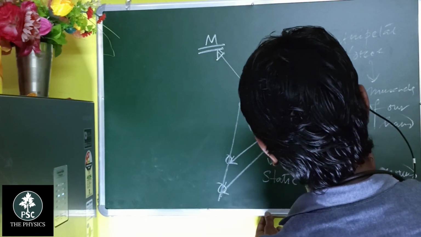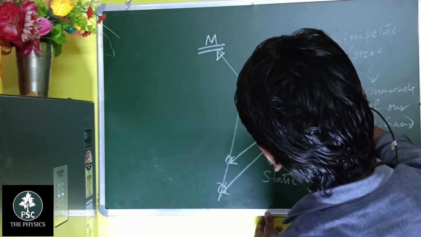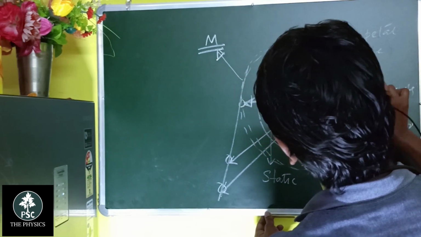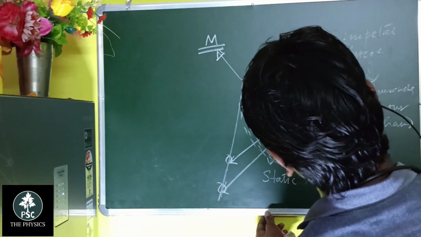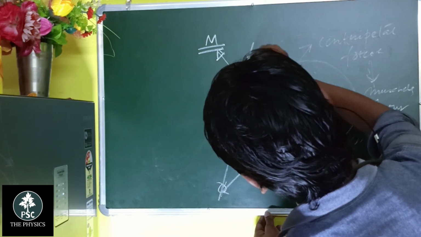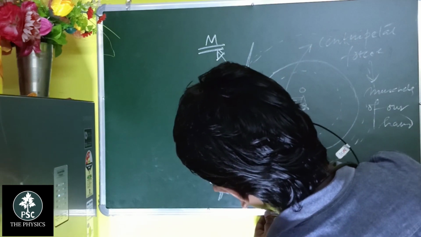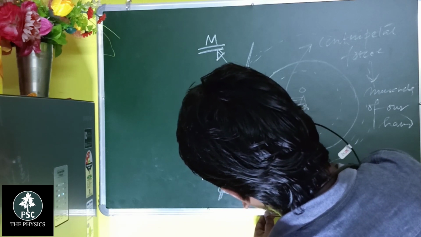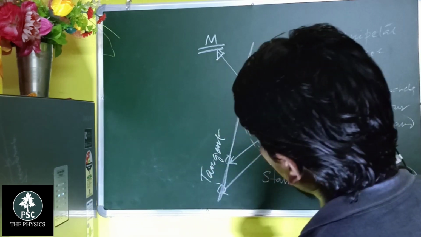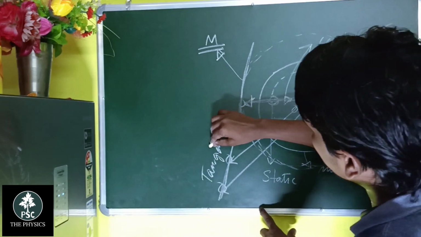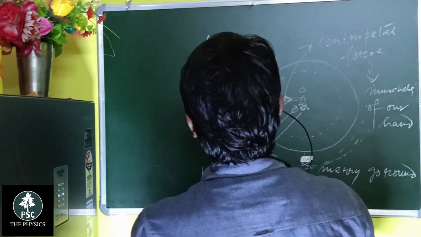If I take this ball at this circular position, it is a tangent. So the ball moves along the tangent.